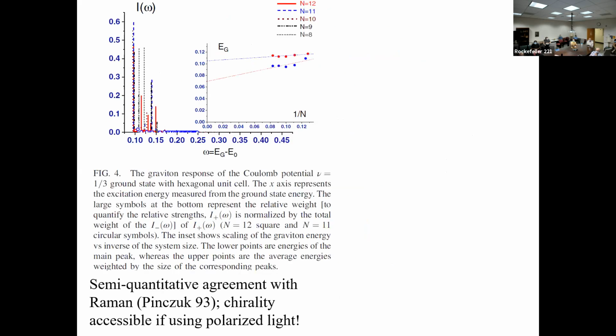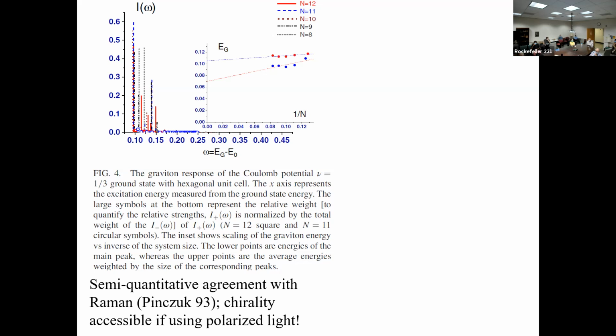But before I get to it, let me just say that this is something that you can probe using polarized Raman scattering. Raman scattering is different from cyclotron resonance because that's a 2-photon process. You absorb a photon and then you emit a photon at different energy. So 2-photon is like a graviton because 1 + 1 is 2. So this predicts that if you use a specific polarization of the incoming photon and measure the specific polarization of outgoing photon, you should be able to reveal the chirality.